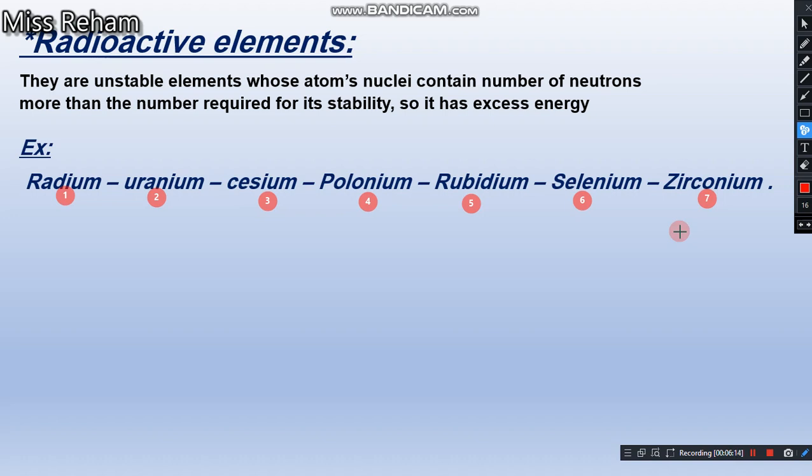Okay, we have 7 examples of radioactive elements, which are radium, uranium, cesium, polonium, rubidium, selenium, and finally zirconium. You must keep them.